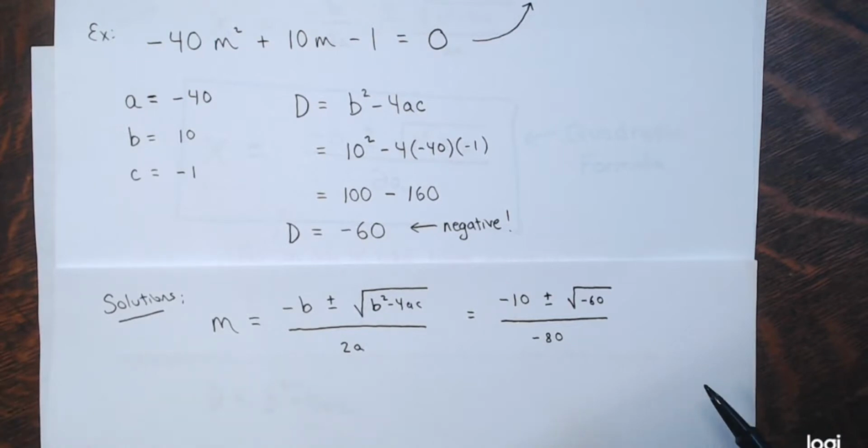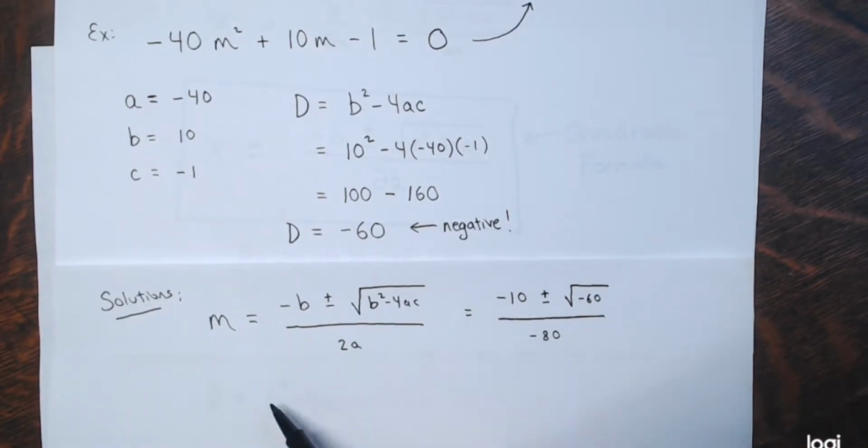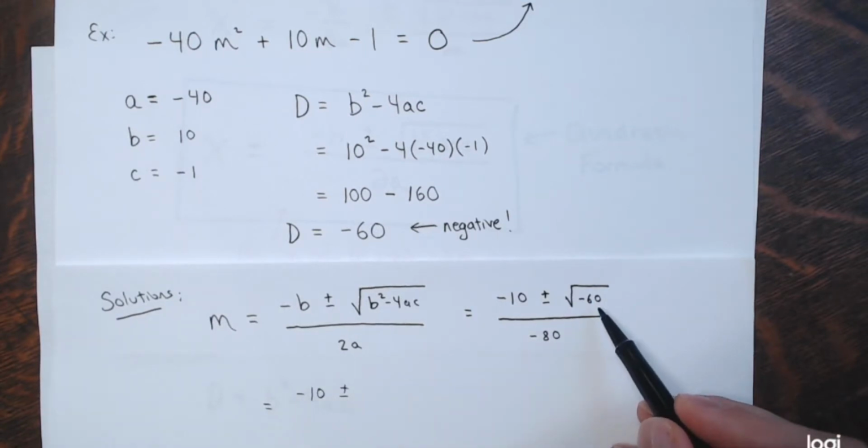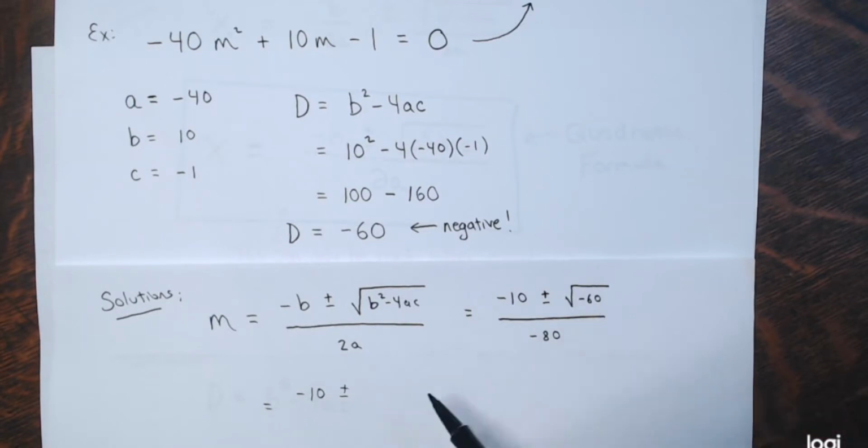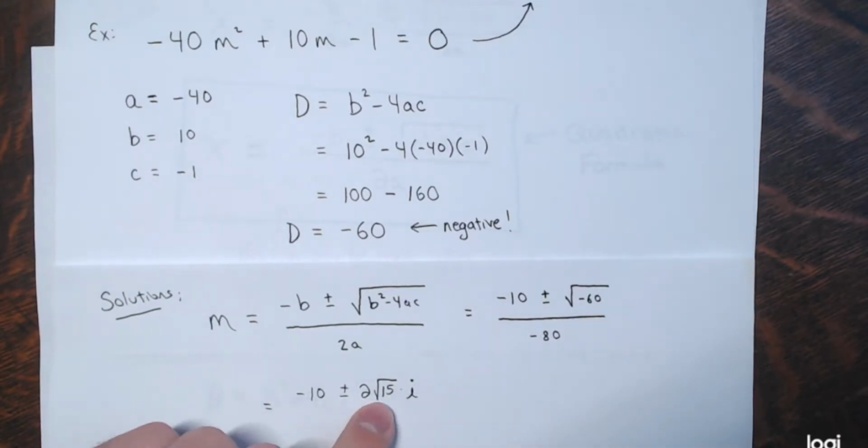Then simplifying these a bit, which you're going to have to do, we have -10 plus or minus. Now the square root of -60, remember, is going to be written with that i. That's going to be the square root of 60 times i. And the square root of 60 can simplify to 2 times the square root of 15. That's the square root of 4 times the square root of 15.